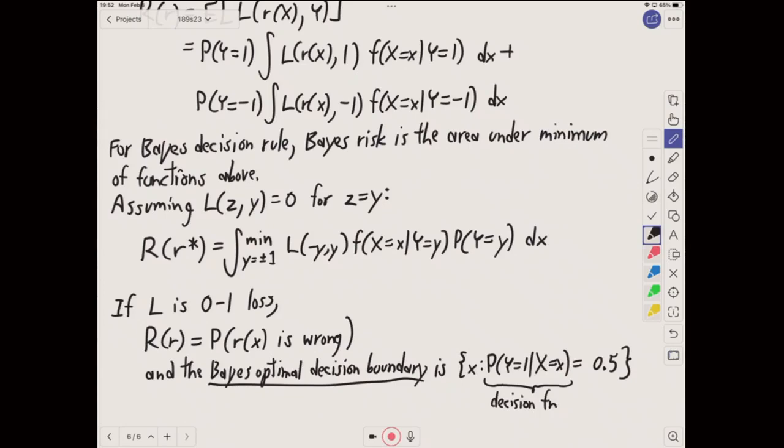And 0.5 is the iso value we're going to use in that to find the decision boundary. So let me give you an example of what that might look like with a two-dimensional feature space.